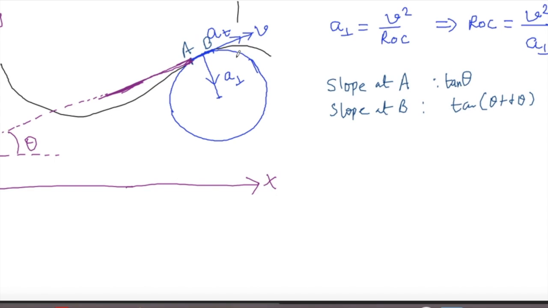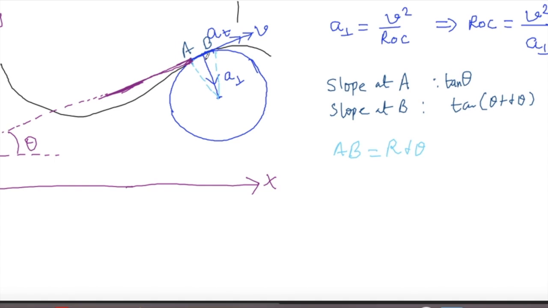Now I am going to write this small length dl in two different ways. dl means the A to B length. A to B length is r d theta. Why is it r d theta? Because slope at A is tan theta and slope at B is tan of theta plus d theta, so the angle between the two tangents at A and B is d theta.